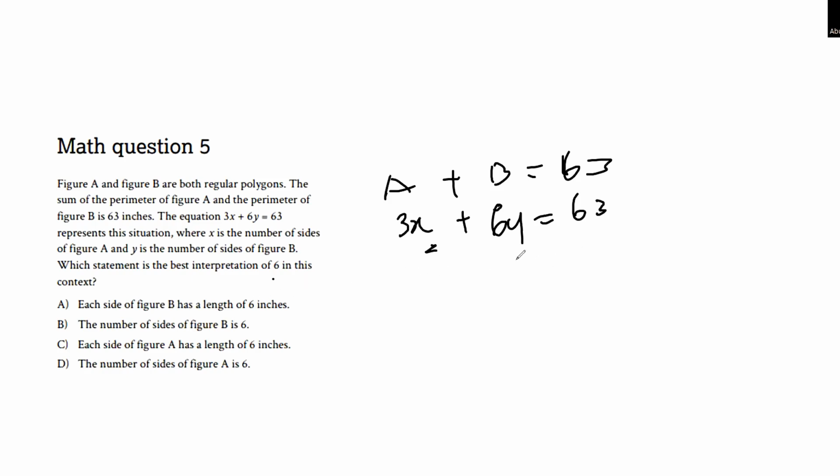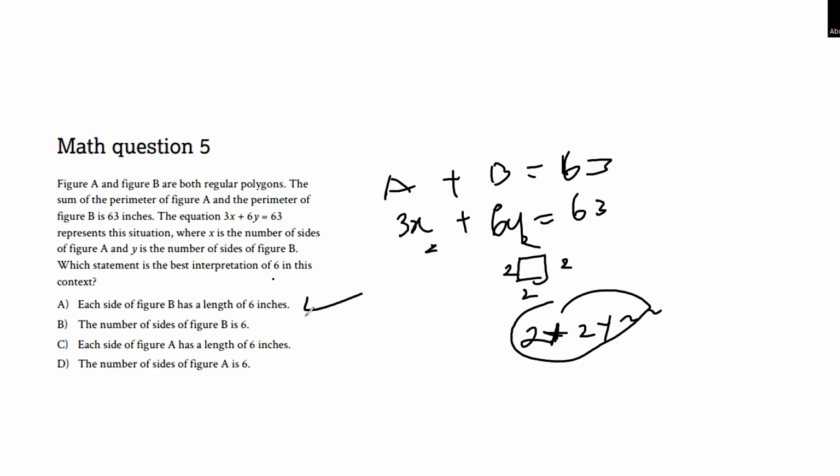Each side of the regular polygon has the same length of 6 inches. So that's why we're having this. So it's just like saying, if this is 2 here, this is 2 here, this is 2 here, and this is 2 here, we can equally say that the perimeter is equal to 2 plus 2 plus 2 plus 2, and it goes like that. Because they're all having equal sides, so this goes with our answer.